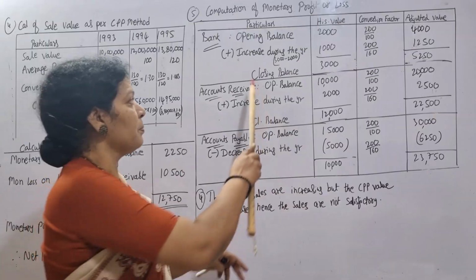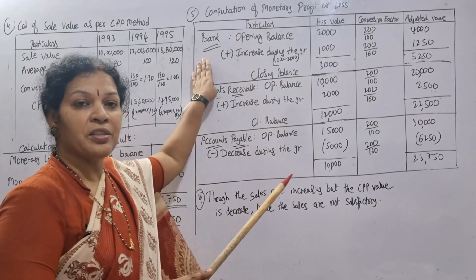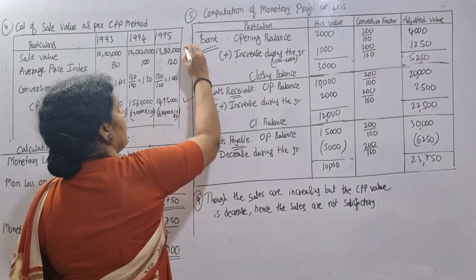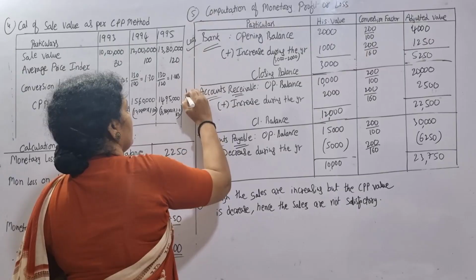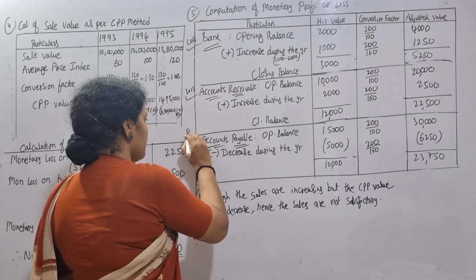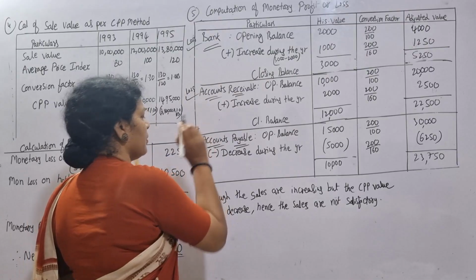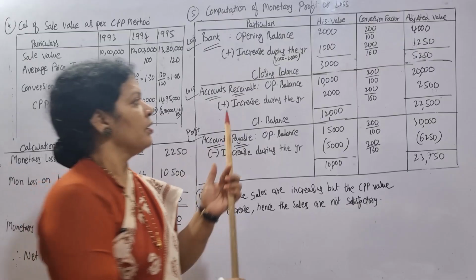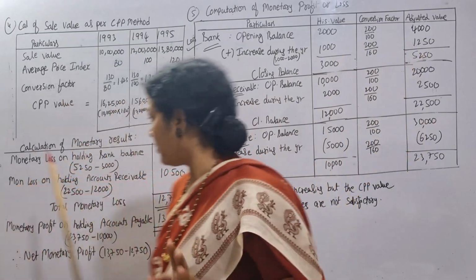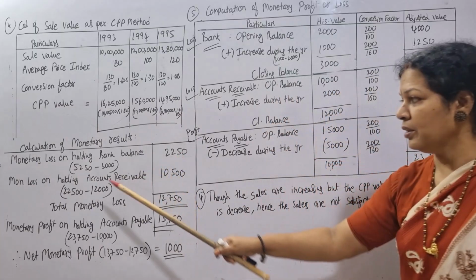How do you get it? Simply, whenever you are holding any asset, it is a loss. Whenever you are holding any liability, it's a profit. You take the difference every year. So according to that, the first year difference is 2,250.